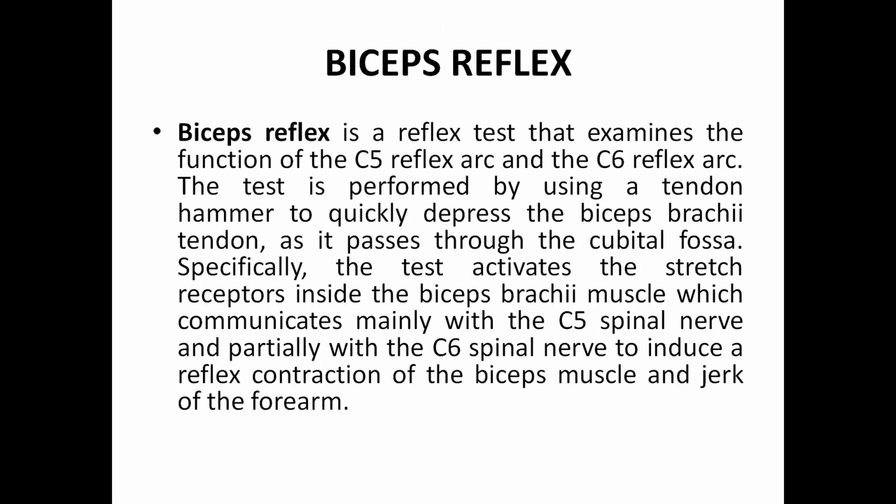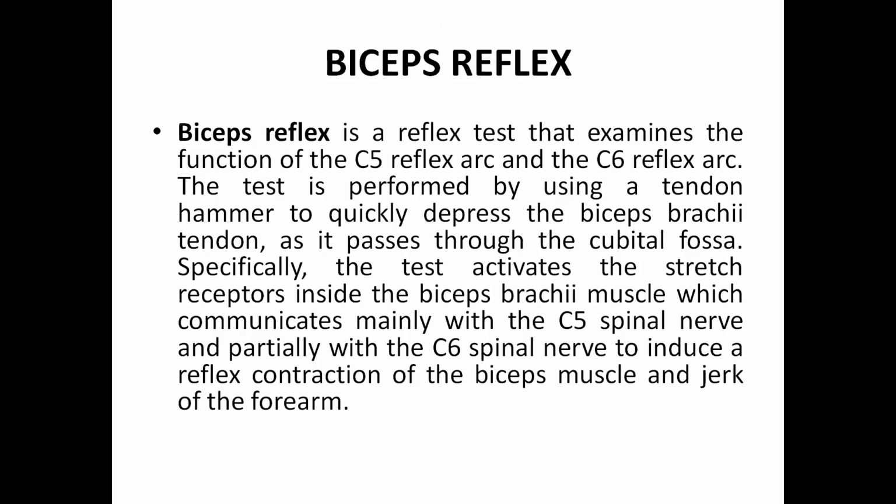So first one is the biceps reflex. The biceps reflex is a reflex test that examines the functions of the C5 and C6 reflex arc. The test is performed by using a reflex hammer to quickly depress the biceps brachii tendon as it passes through the cubital fossa.